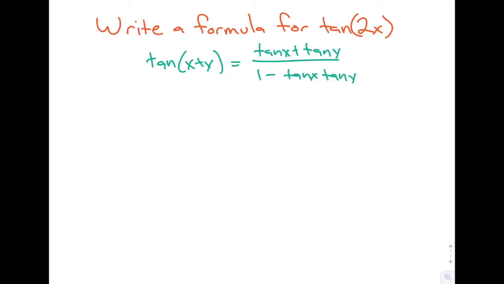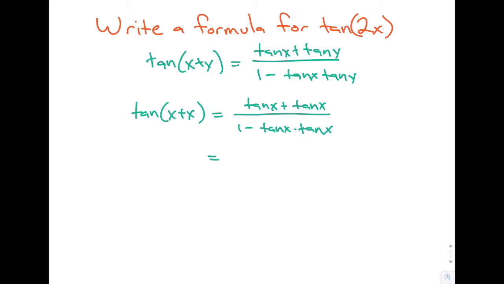So if we had both angles equal to x, tangent of x plus x would be tangent x plus tangent x over 1 minus tangent x times tangent x, which simplifies to 2 tangent x over 1 minus tangent squared x. And that is the double angle formula for tangent.